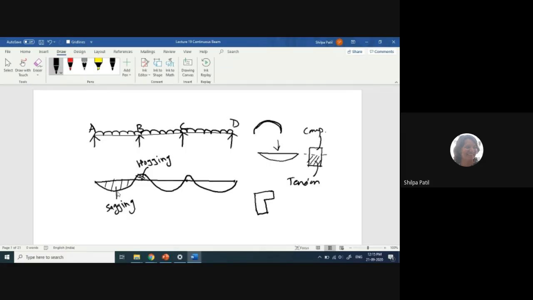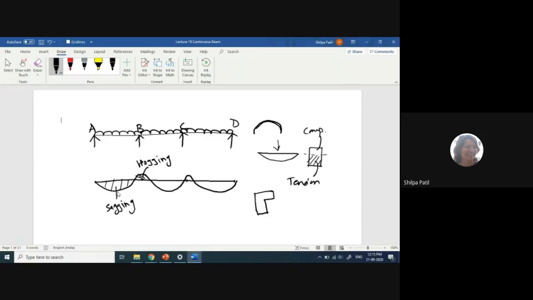Okay, now what is the assumption of the limit state? As per the assumption, the tensile strength of the concrete is completely neglected. So if the concrete is in the tension zone, we have to neglect the concrete strength in the tension zone. Okay, so in case of a continuous beam where there is a sagging bending moment, the portion of the slab is in the compression side of the beam and hence it is considered as a part of the beam.